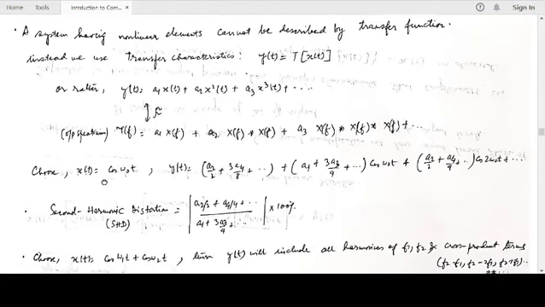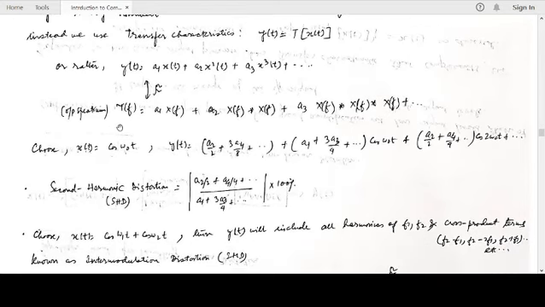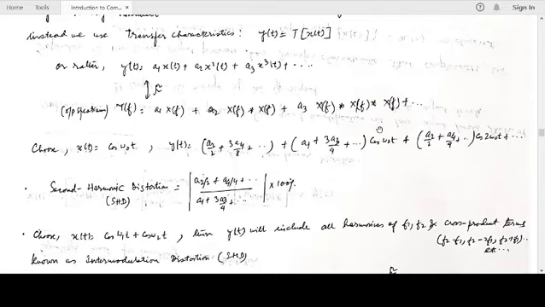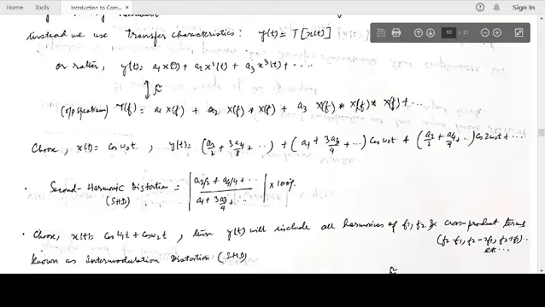Okay. Now we choose a very special case. The tone x(t) is cosine omega naught t. So y(t), if we substitute back here, has a DC component coming from the square and the fourth power, which is a2 by 2 plus 3a4 by 8 and so on. And we have the omega naught fundamental frequency component, which is a1 plus 3a3 by 4 and so on.